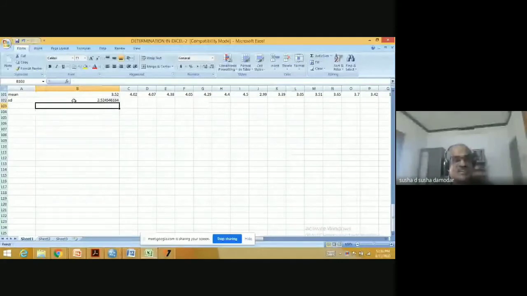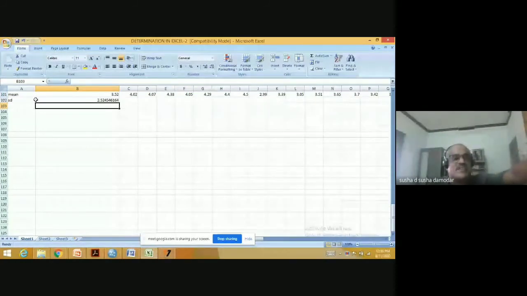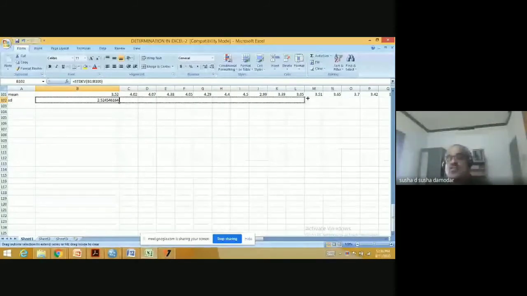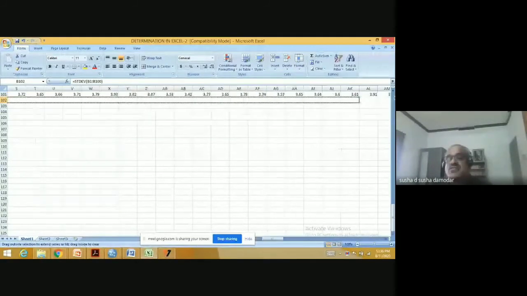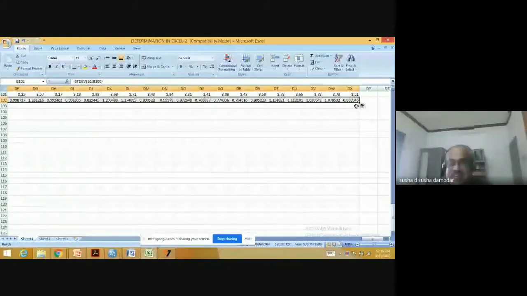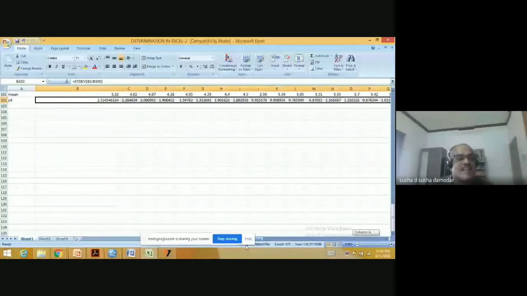And the value of the standard deviation of the responses of the 100 respondents against the first statement is 2.5245. Then drag it and observe the standard deviation of all the 127 statements. So we will calculate the standard deviation of all the 127 statements.